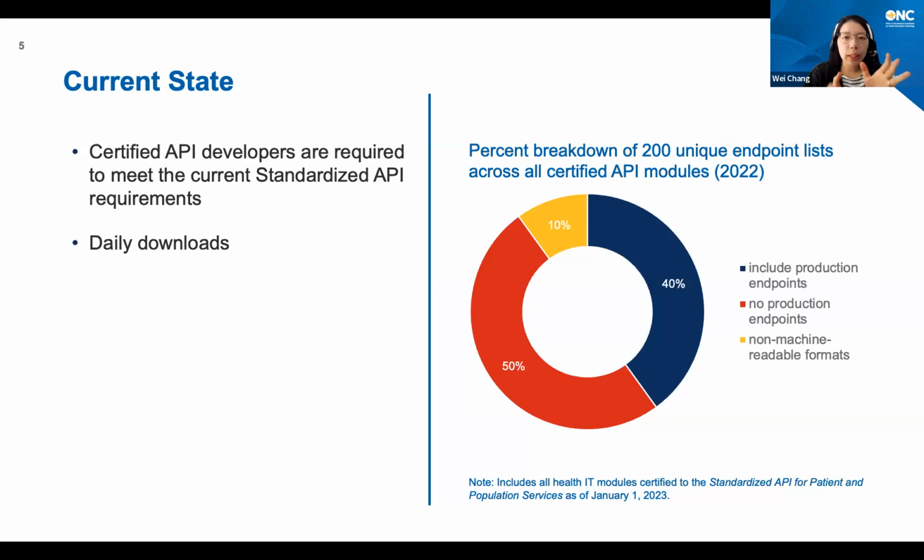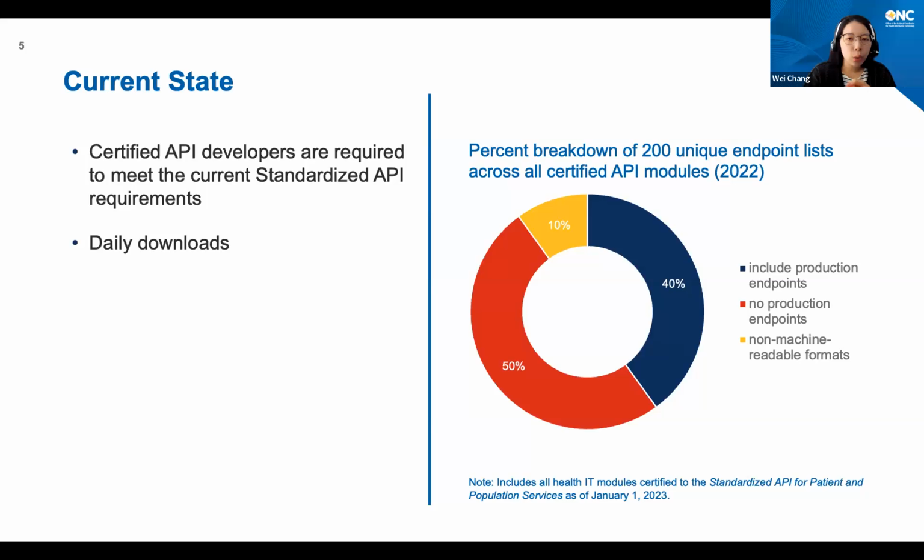And within that 40%, about 1 in 4 are published as a bundle of FHIR endpoint resources. And the remaining of the 200 endpoint list or so, 50% of which were published but included no production endpoints, and 10% of those were not in a machine readable format.